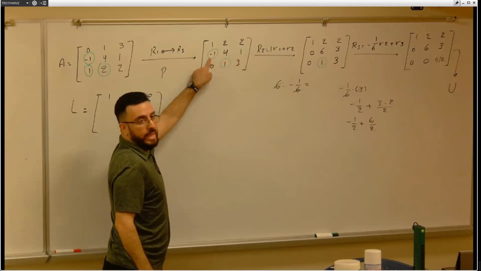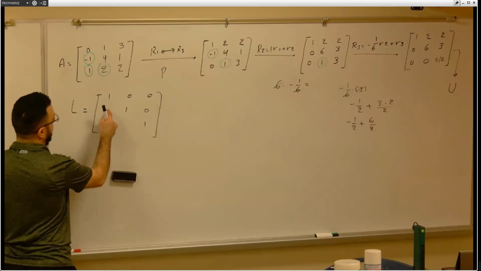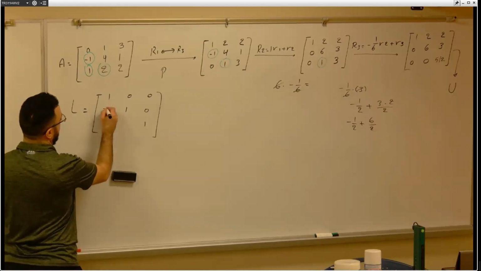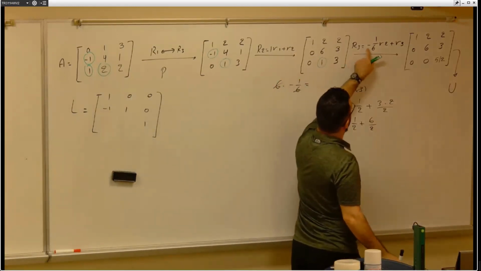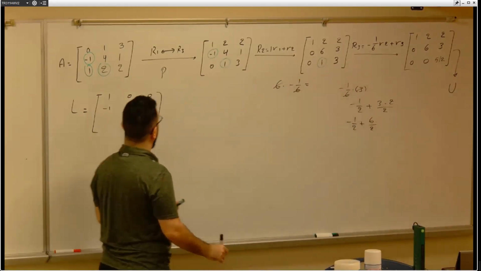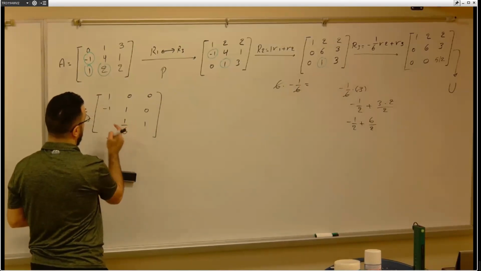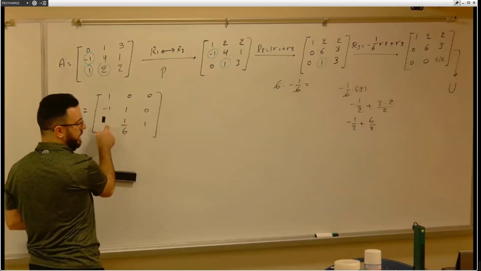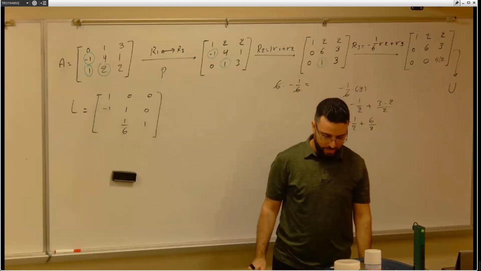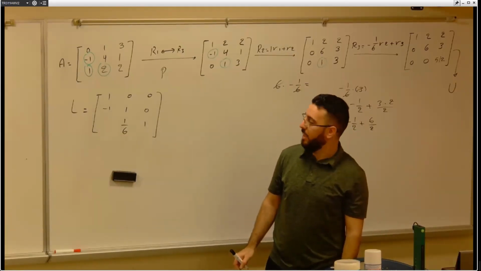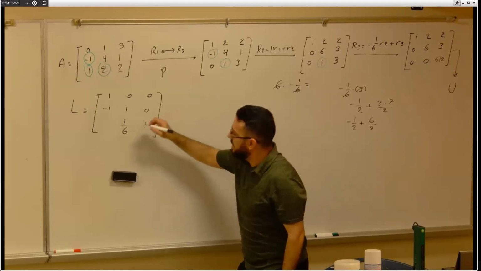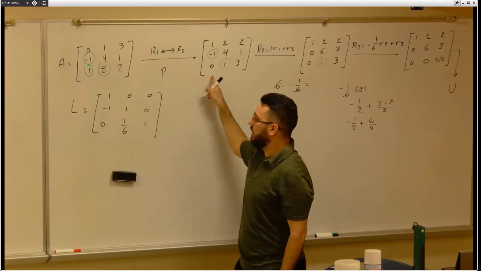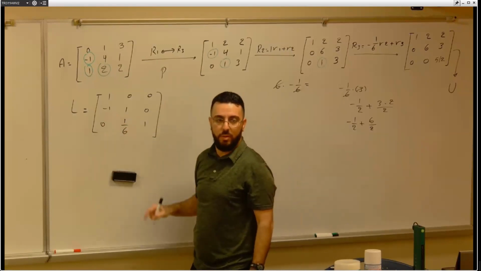It's a 1, so I'm going to write down here -1. The second one is -1/6, so what I'm going to write down here is 1/6. What I'm going to write down here will be 0. It's already 0 here, so I'm just going to put 0. Okay, so we have L, we have U.